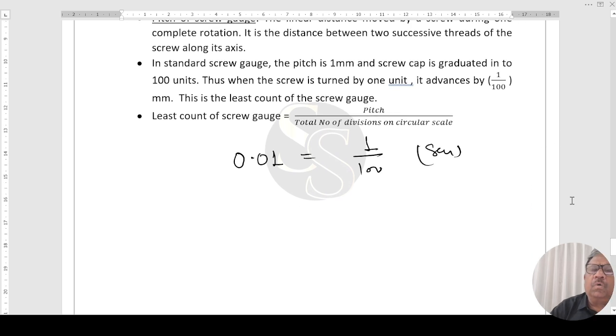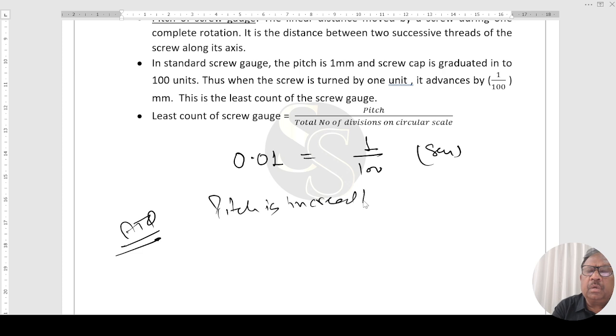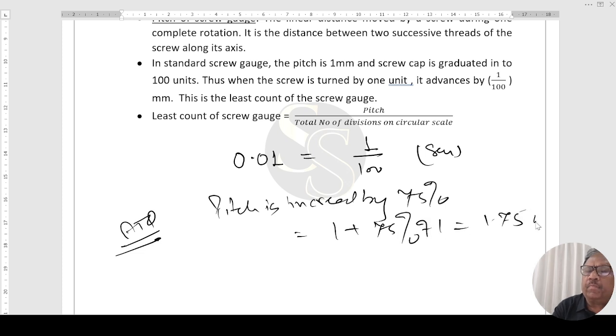Now, according to the question, pitch is increased by 75%. That is 1 plus 75% of 1, that is 1.75 mm.